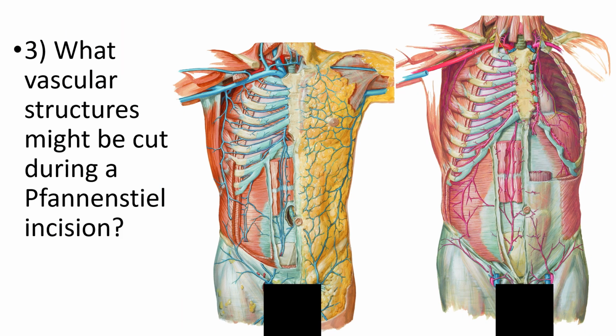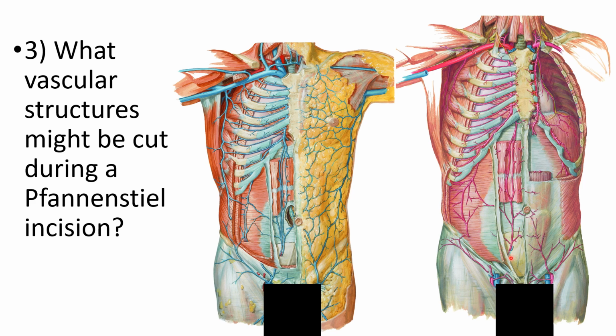Now the third question is, what vascular structures might be cut during a Pfannenstiel incision? Observe here, below the umbilicus and above the pubic hairline, you can see these veins. What vessels can be seen? Here you can see the superficial epigastric vein in the first picture. In the second picture, you can identify the superficial epigastric artery.